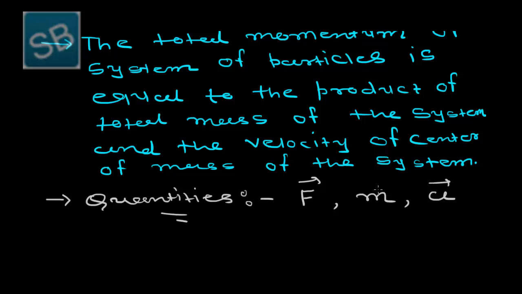But here if you see the left hand side, then here the velocity comes. Now if we proceed further by differentiating this velocity with respect to time, then we can have the value of acceleration. So let's move further by differentiating the equation P is equal to M V_CM vector.